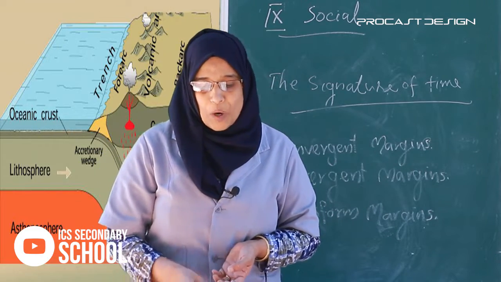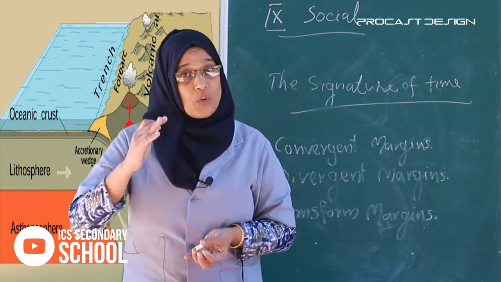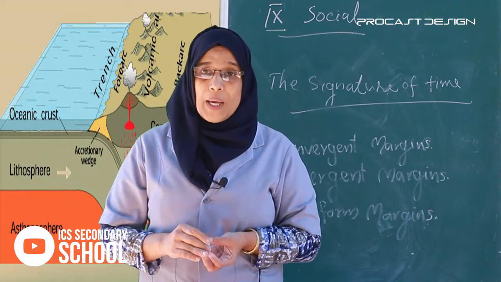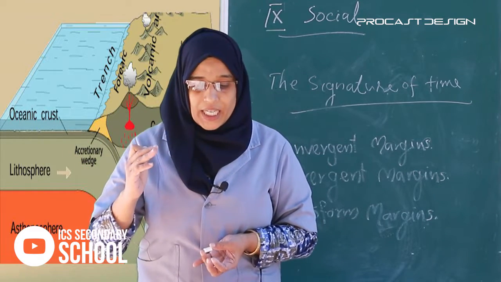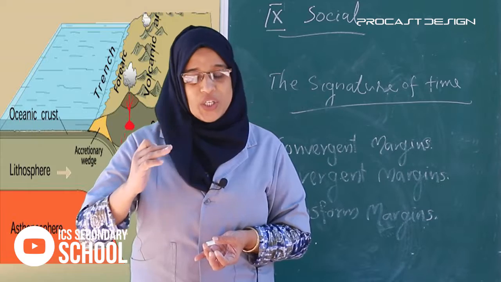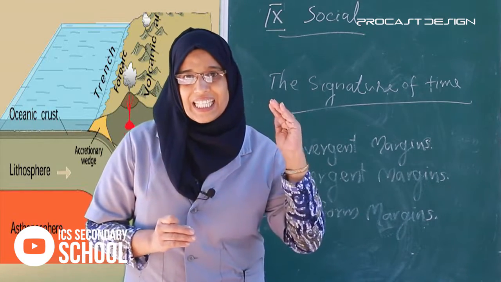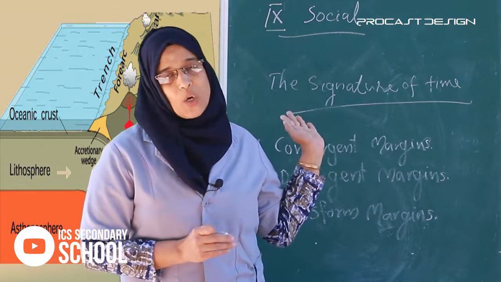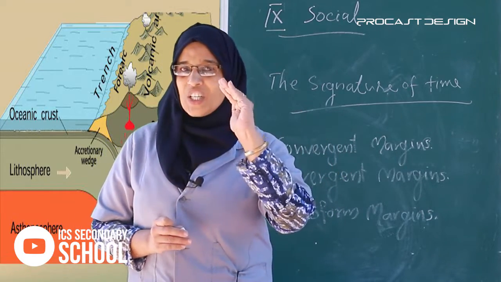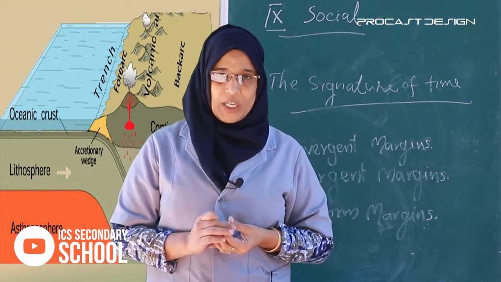These types of mountains are known as mid-oceanic ridge. For example, the Mid-Atlantic ridge in the Atlantic Ocean.